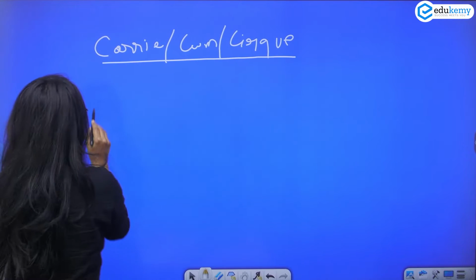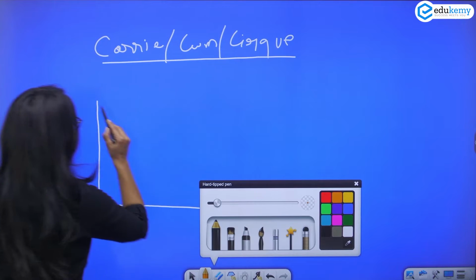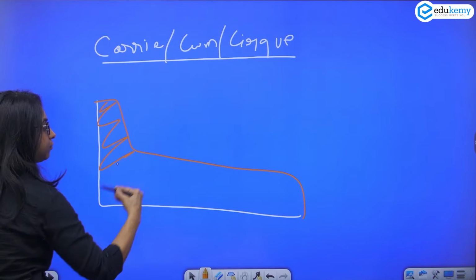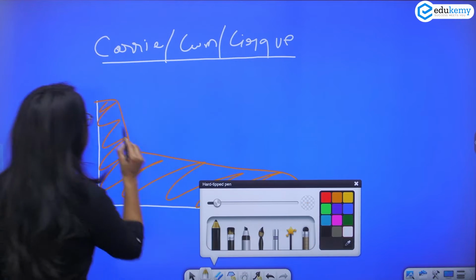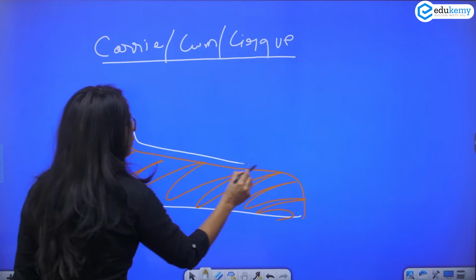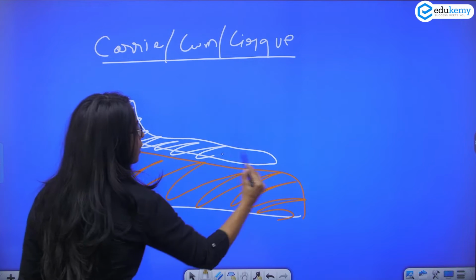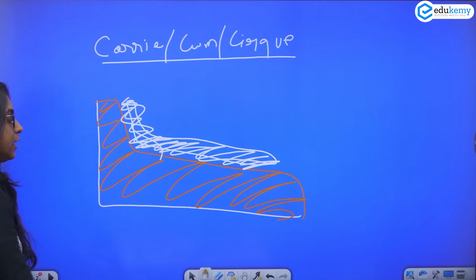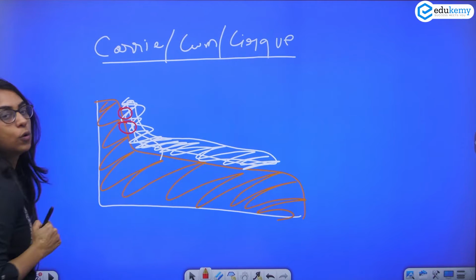See this. This is a bedrock. Now this bedrock has ice, has a glacier. Now what happens is, as the glacier is moving, there is plucking going on.